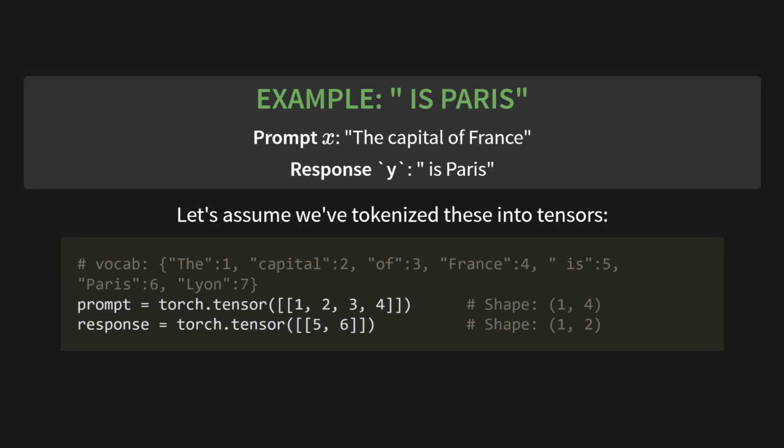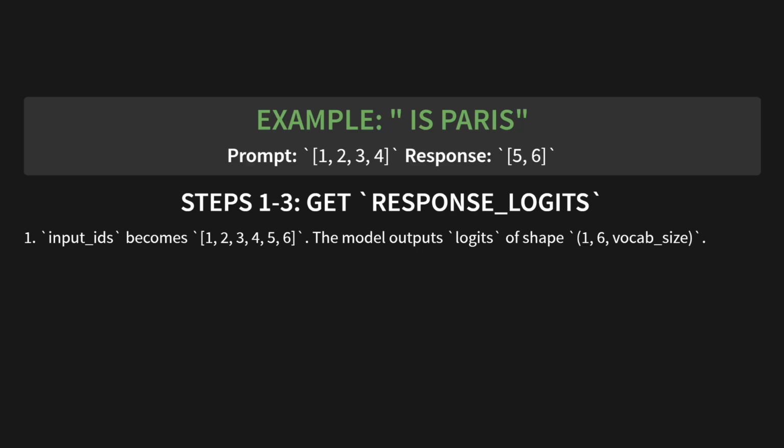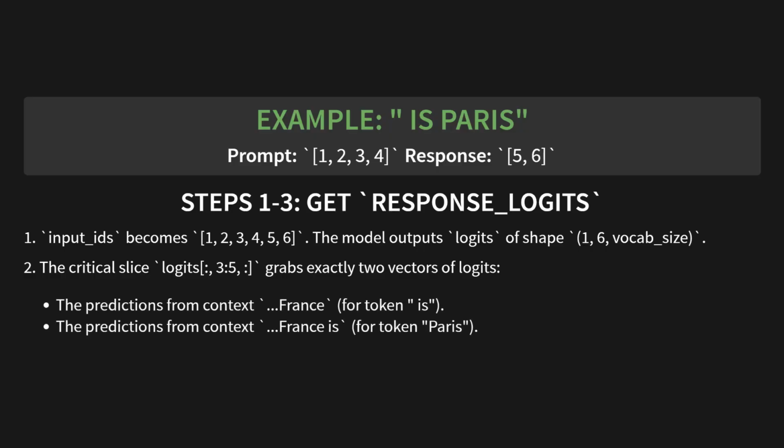The prompt is a tensor with 1, 2, 3, 4, and the response is a tensor with 5, 6. So in steps 1 through 3, our input IDs become 1, 2, 3, 4, 5, 6. The model outputs logits, and then our critical slice, logits 3:5, grabs exactly 2 vectors.